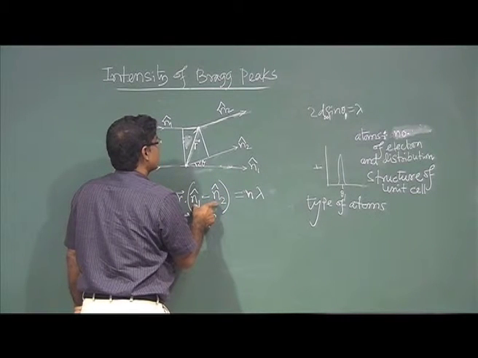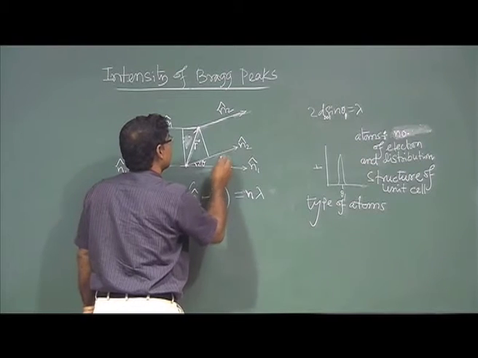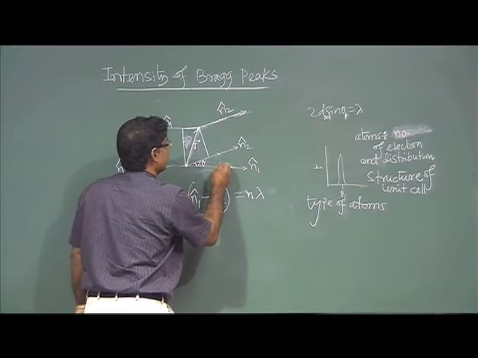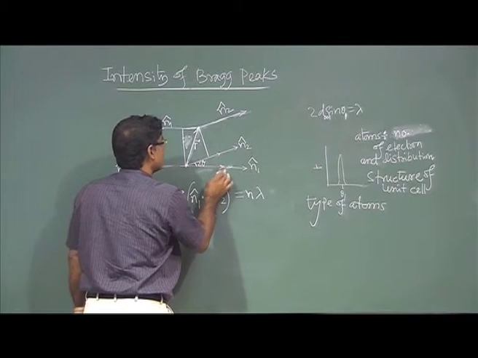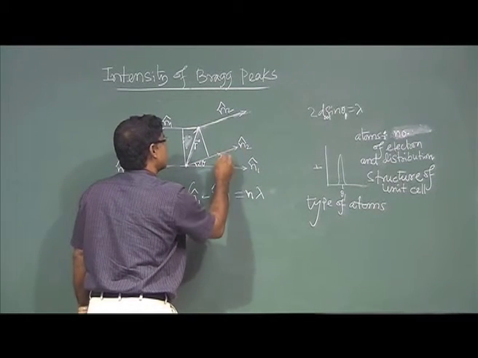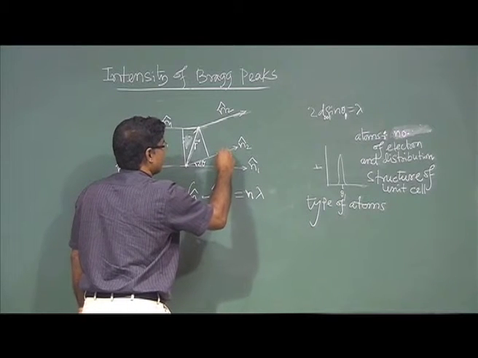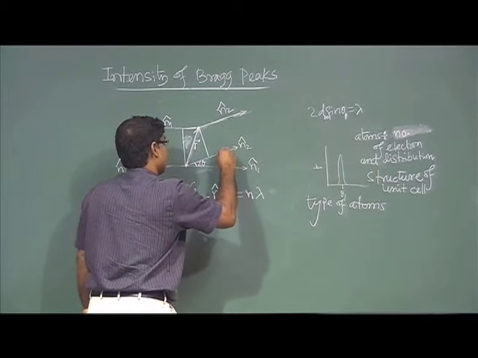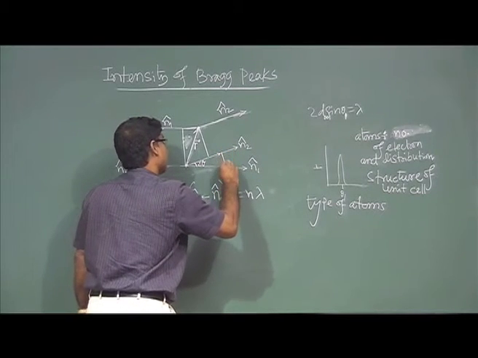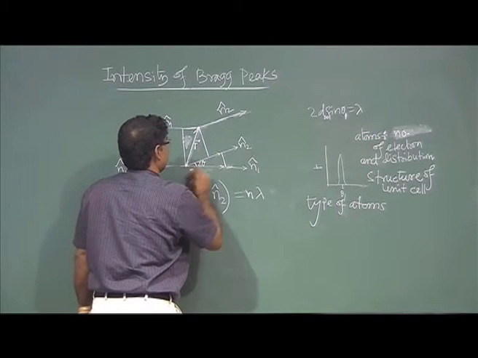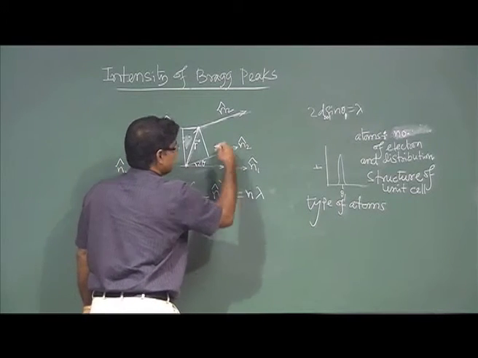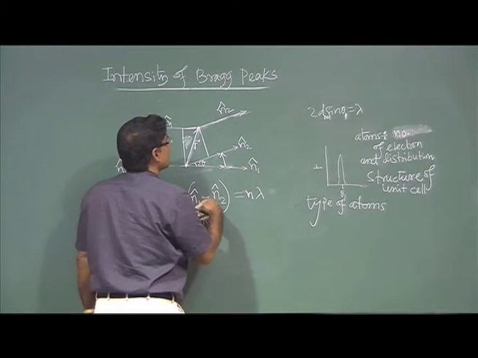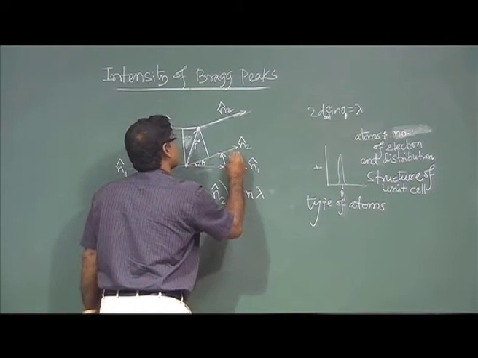Both are unit vectors, so the magnitude has to be 1, but their directions are different. So in this direction or the other direction, depending on n1 minus n2 or n2 minus n1, this will be N, right.